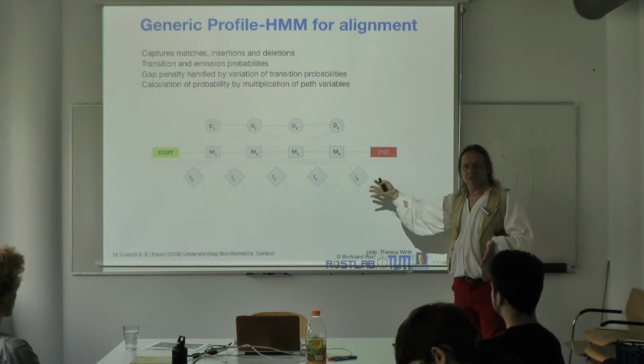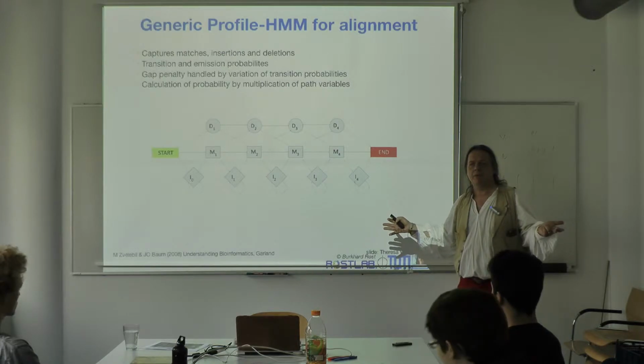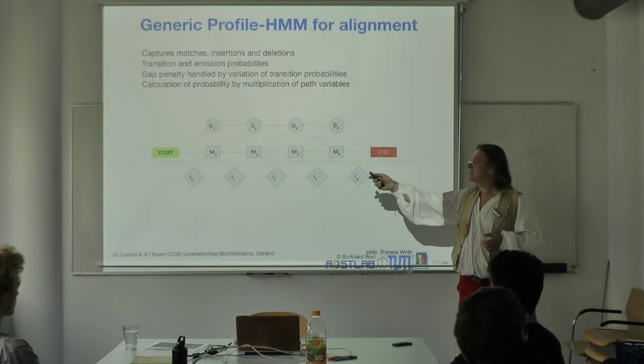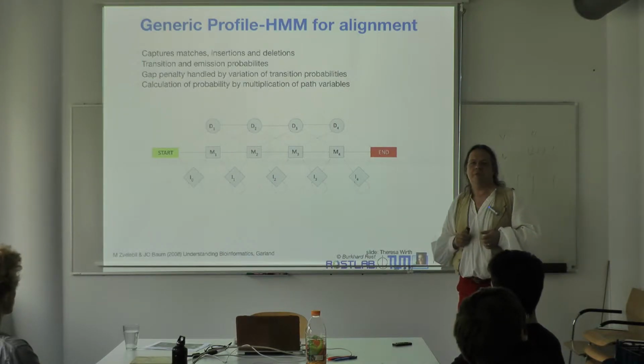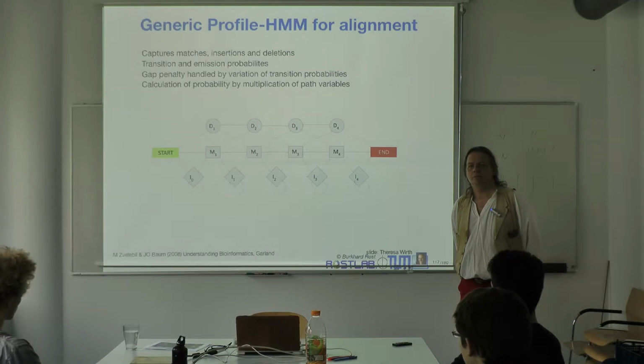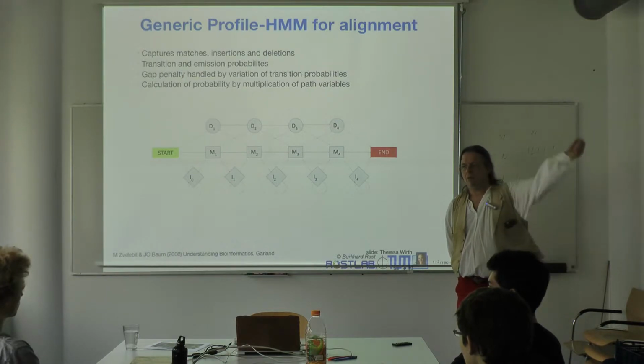But the first step then is you take the first pair, right? Where do you get the transition, the deletion and insertion parameters from? The gap penalties. Yes, you take it out of the air.